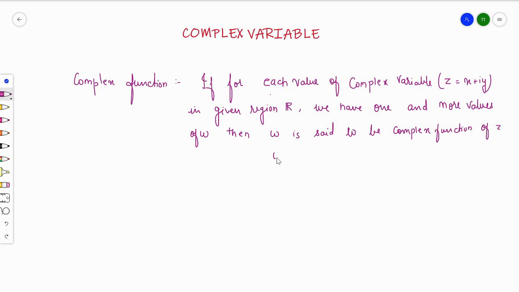And we can write this w as f of z, or we can write w is equal to u plus iv, where u and v are real functions of z.